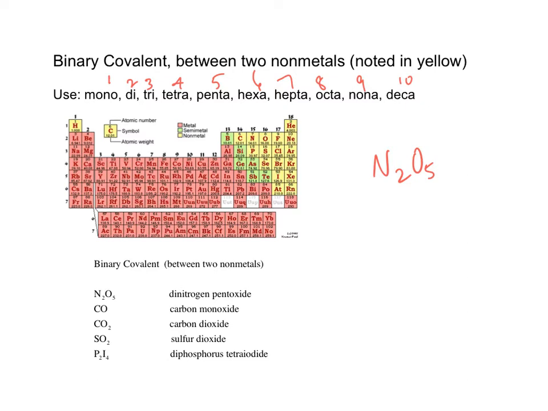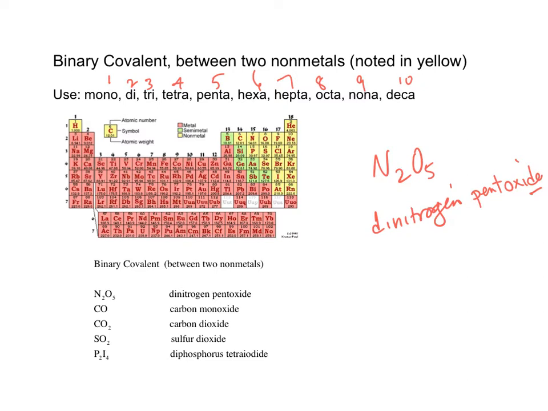So in other words, you could say dinitrogen. Then you want to say penta, P-E-N-T, but you drop the A because the oxide starts with a vowel. You only want to have one vowel there, and the IDE tells you that it's binary.